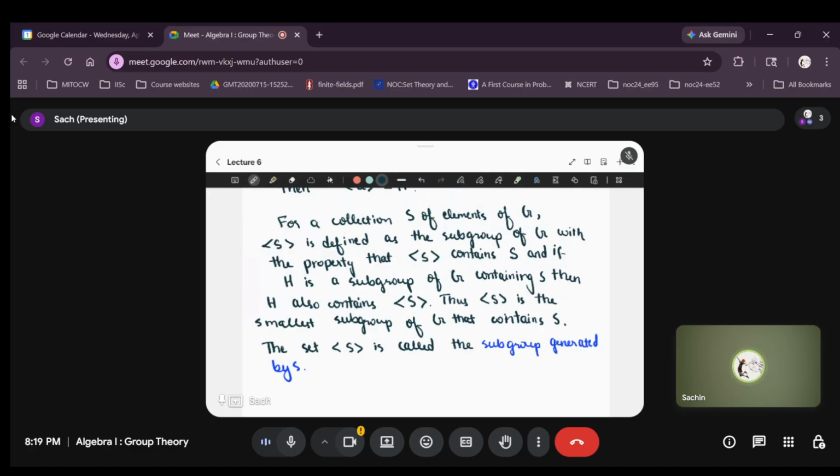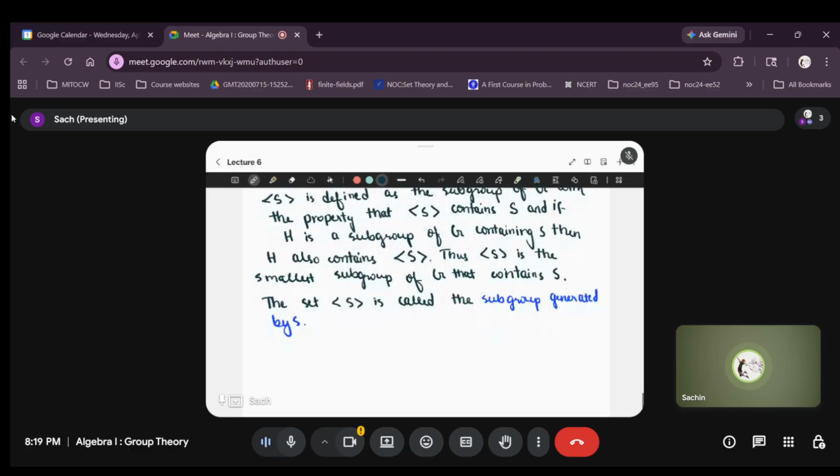It's not just the union. You should also have 1, 5, and 7. The subgroup generated by that will contain 1, 5, and 7. That means by closure, it will also contain all multiples of 1, 5, and 7. Then it will also contain sums of multiples of 1, 5, and 7.